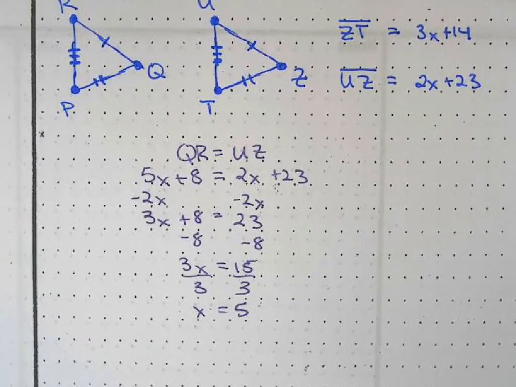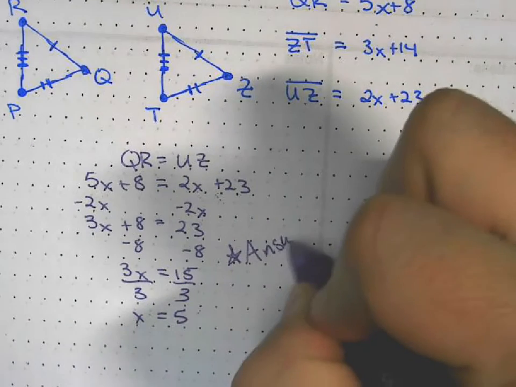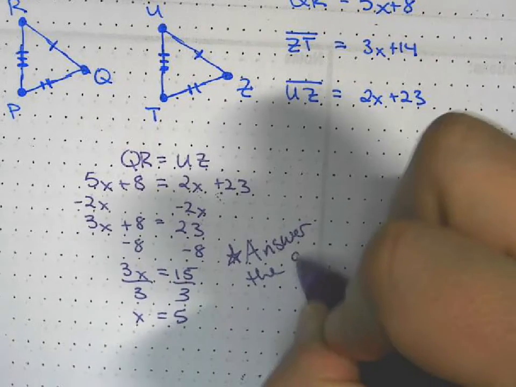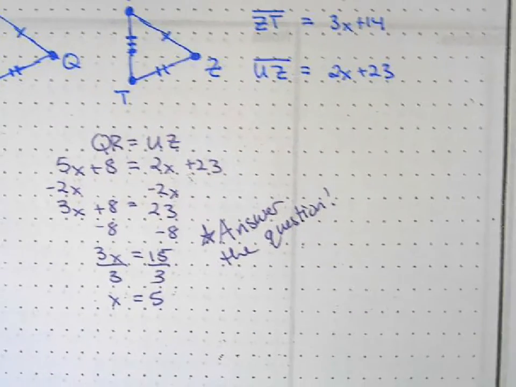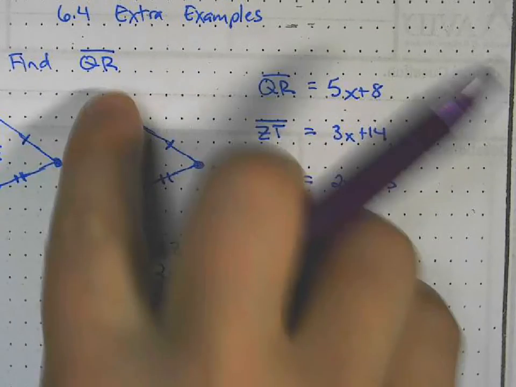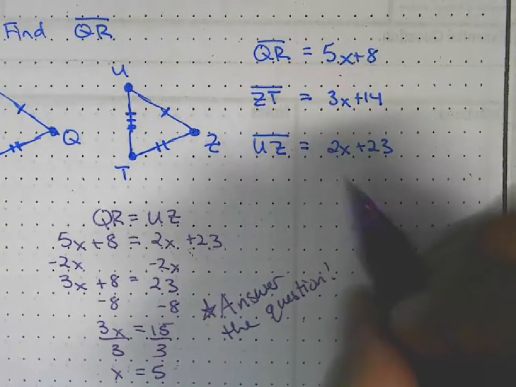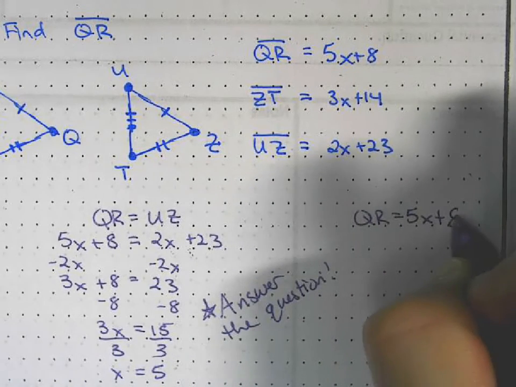Okay, so we got x equals 5. Remember, we want to answer the question. So we're going to plug that 5 back in. So the question says find QR. So that's what I'm going to do. I'm going to find QR. So I know QR equals 5x plus 8.